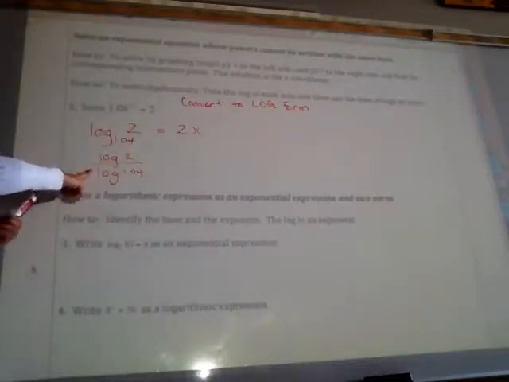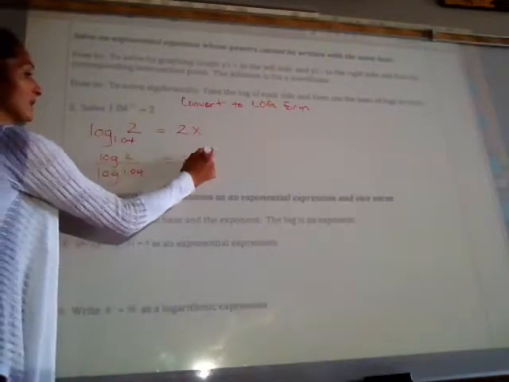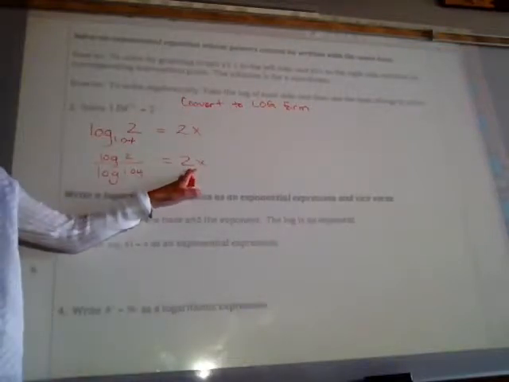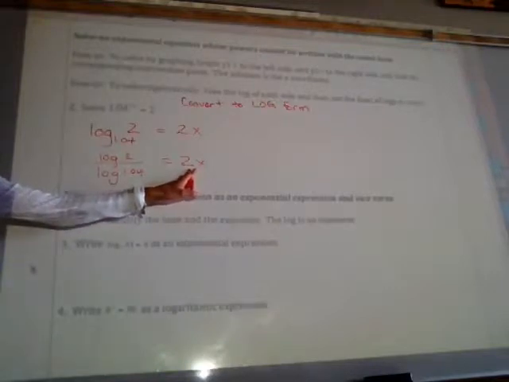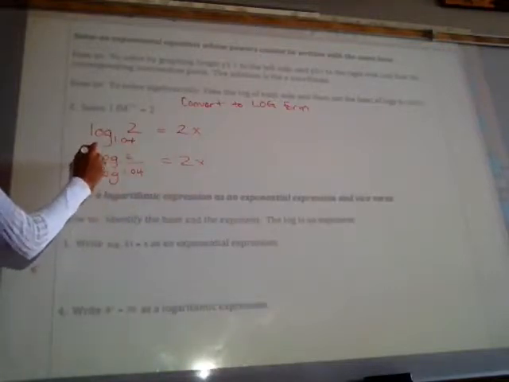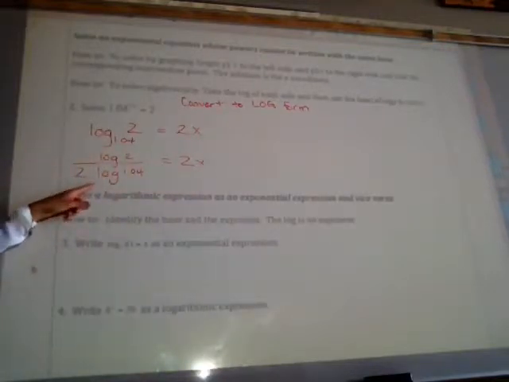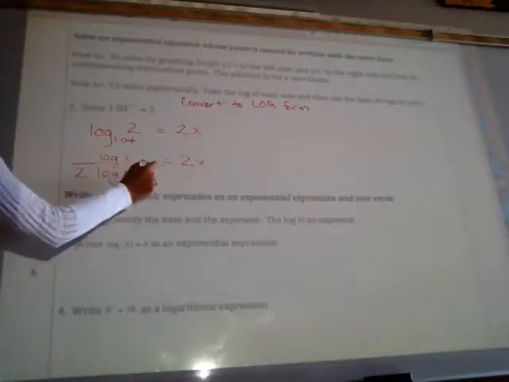If your calculator can't calculate this right away, you have to do change of base and calculate it log 2 divided by log 1.04. That still equals 2x. Okay, to get x by itself, I'm going to have to divide by 2 on both sides, and you'll get log 2 divided by 2 times log 1.04.